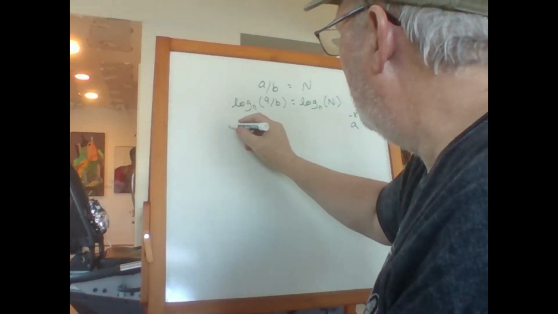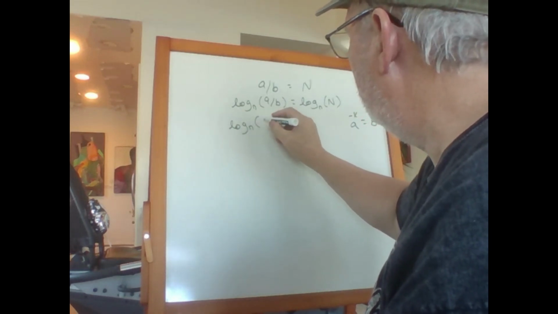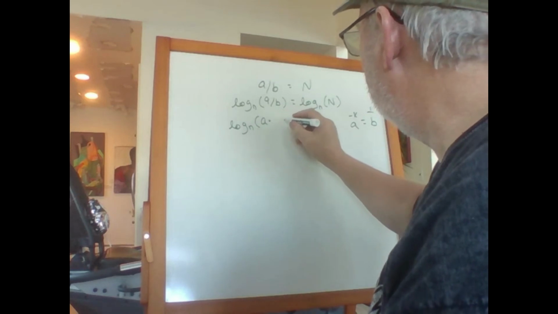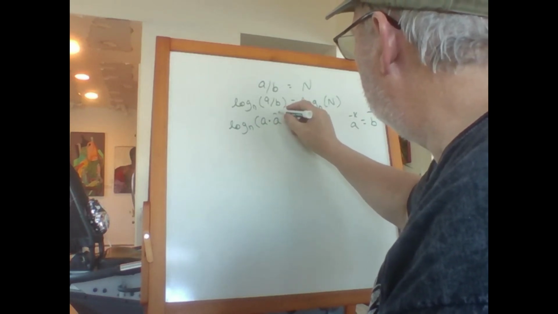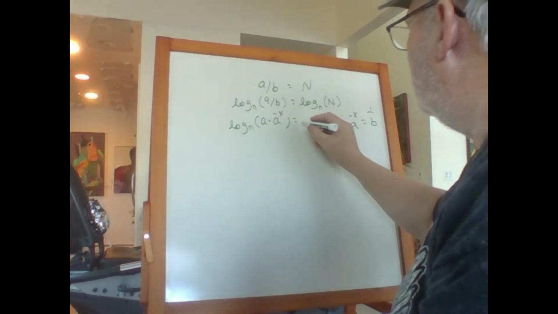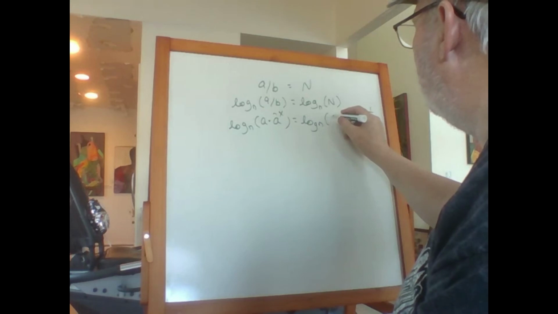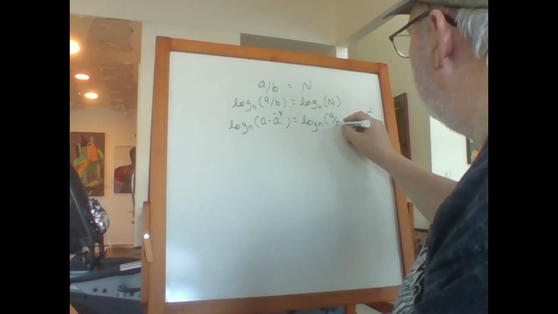So we have log base n of a times a to the minus x equals log base n of a divided by b.